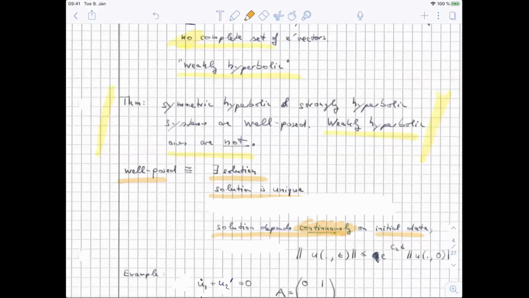However, in math speak, depends continuously is actually a fairly weak statement. It basically is equivalent to saying that the norm of the evolved field as a function of time must be bounded at most by an exponentially growing function of time times the initial norm.